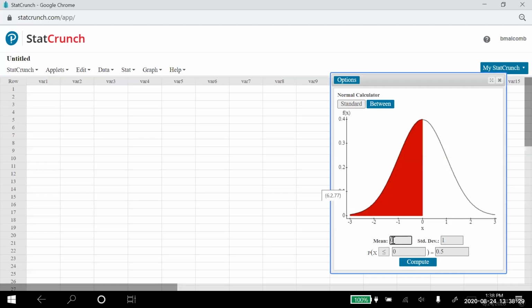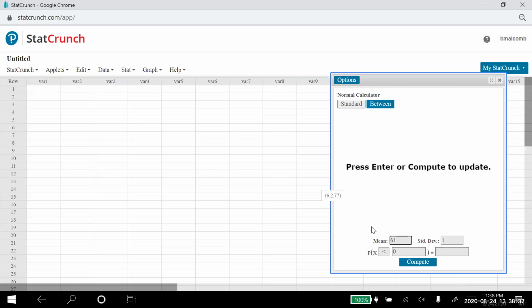All right, so let's see. The mean, what'd they say? That was 61. So the mean is 61. The standard deviation was 9. And we want to find between, what was it, 52 and 70? I don't remember what the problem was now. Well, yes, I need to go pull that up.